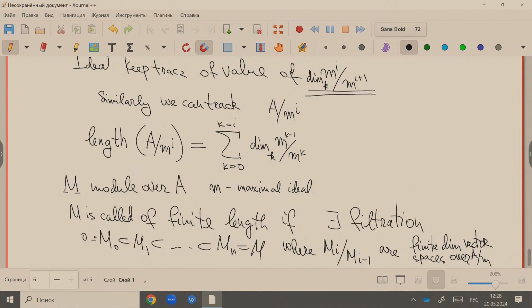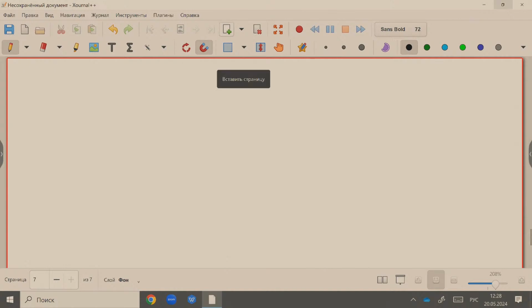Notice that the length, so we can define the length. So length of M is the maximal length of such chain. So maximal.